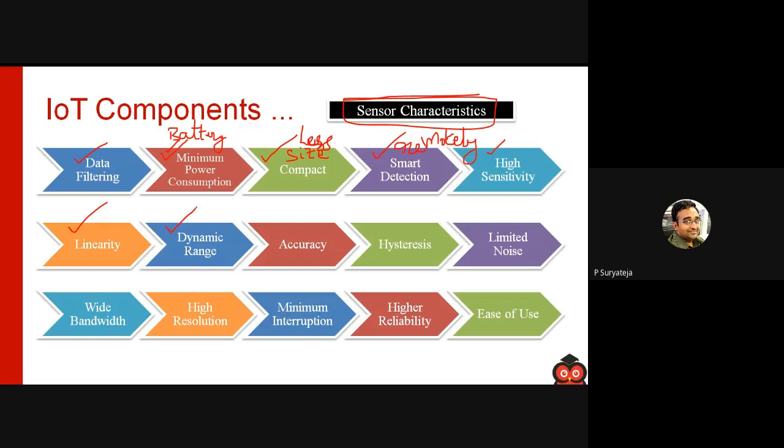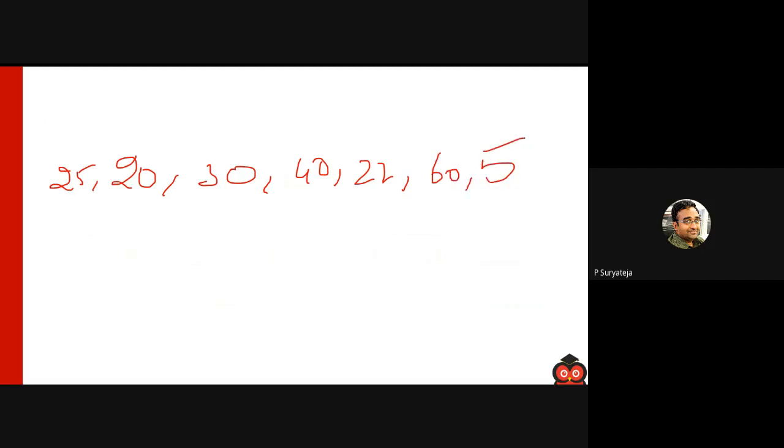And next one is dynamic range. So I think all of you know what is range, right? For example, let's say we have the values 20, 25, 30, 40, 22, 60, 50.